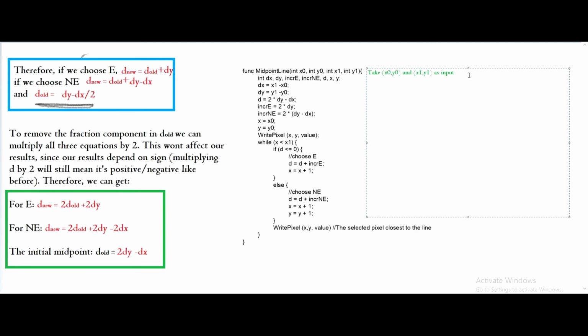Next, we've declared 7 variables, and in the following lines, we'll understand what each is.